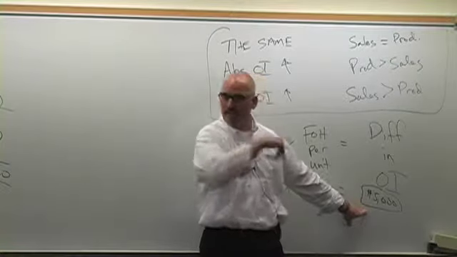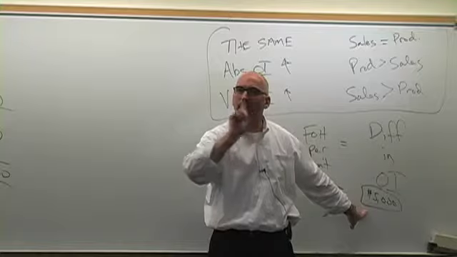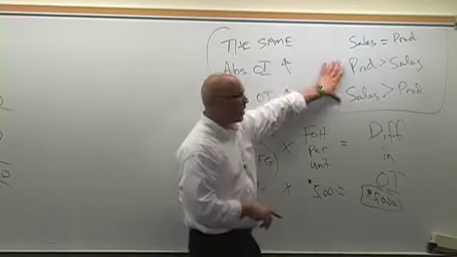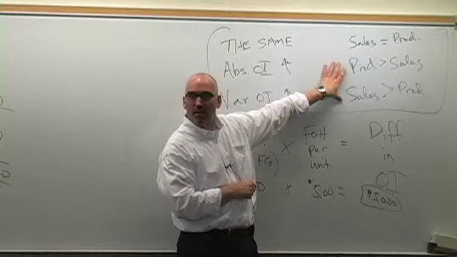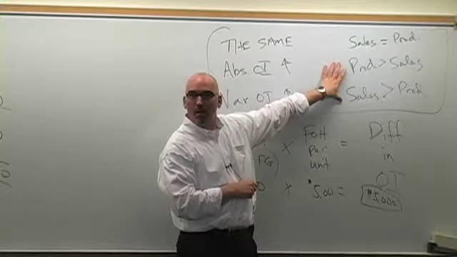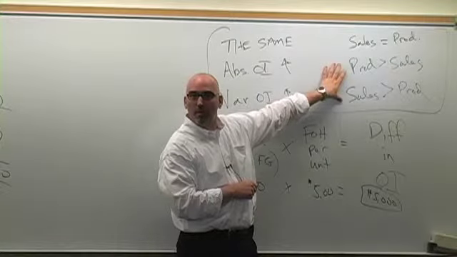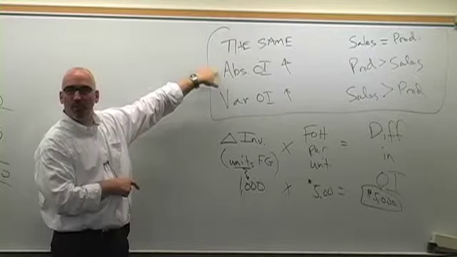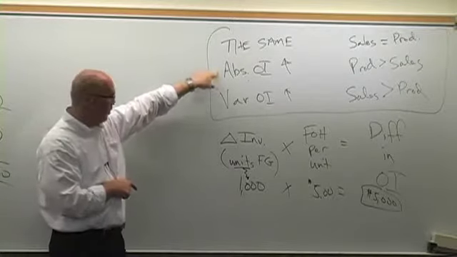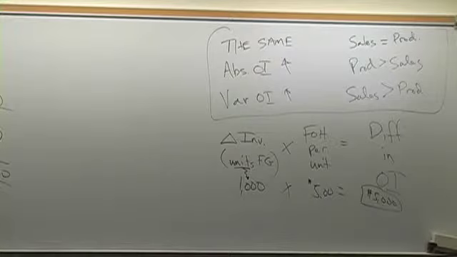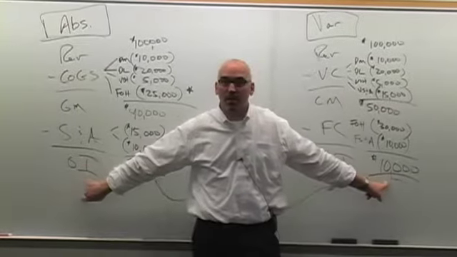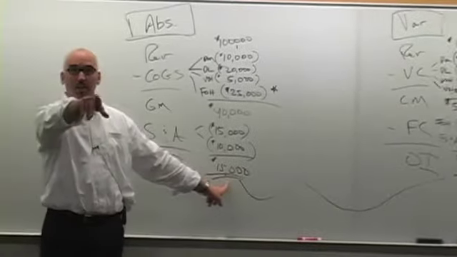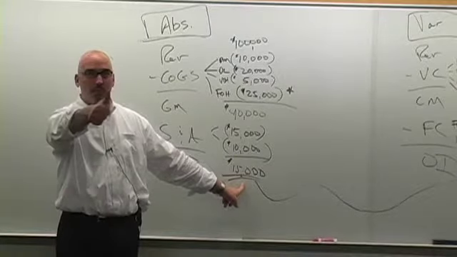Then we would have calculated this and asked which happened: was production greater than sales, or sales greater than production? Production is greater than sales, so we're on this line. Which is higher, absorption or variable costing income? Absorption. So should the number here be bigger or smaller? Bigger. And then we would have calculated $50,000. Was that helpful?